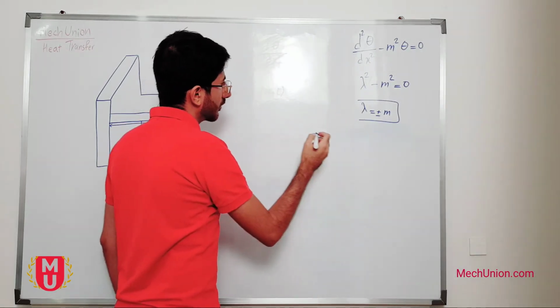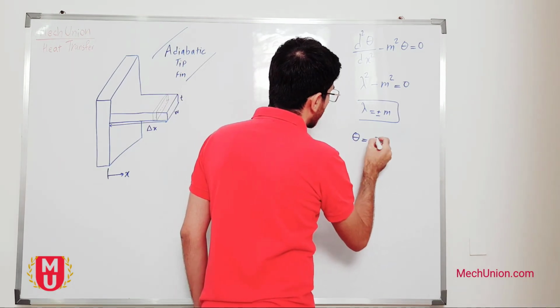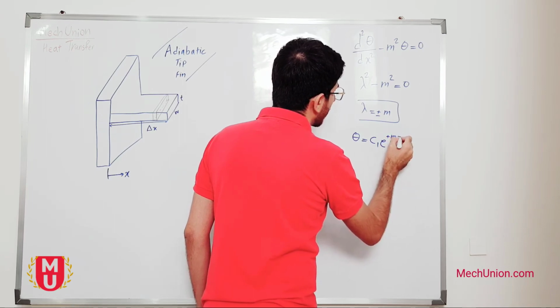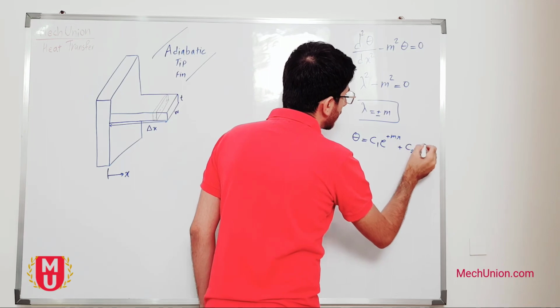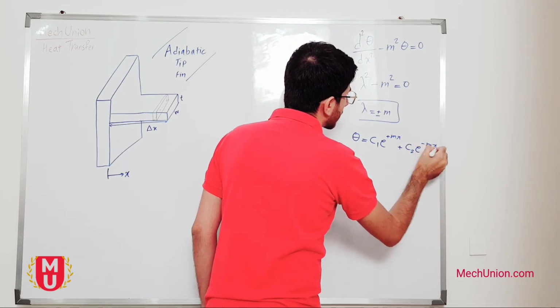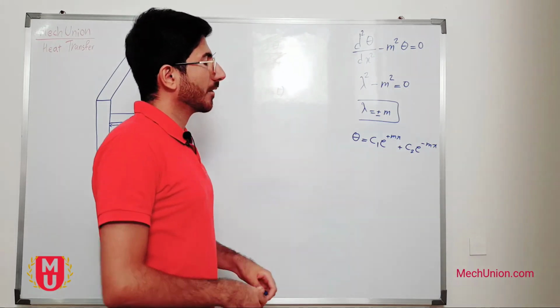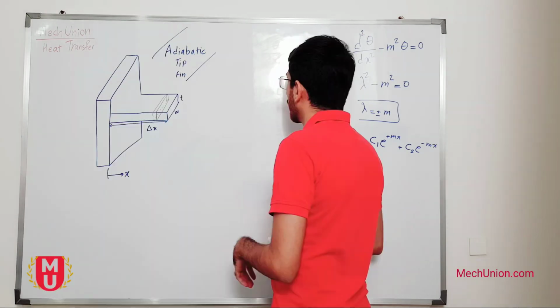The answer of the differential equation is theta equals C1 e to the plus mx plus C2 times e to the minus mx. C1 and C2 will be evaluated by appropriate boundary conditions.